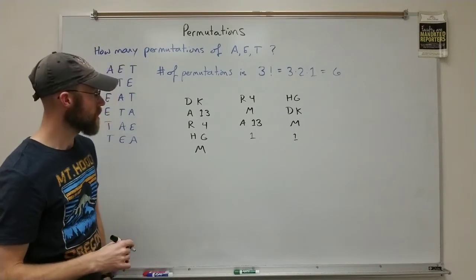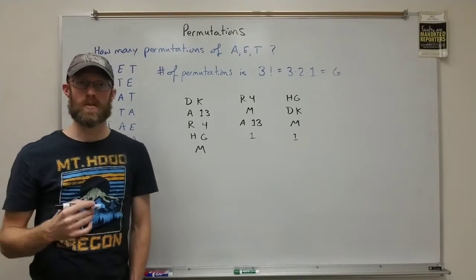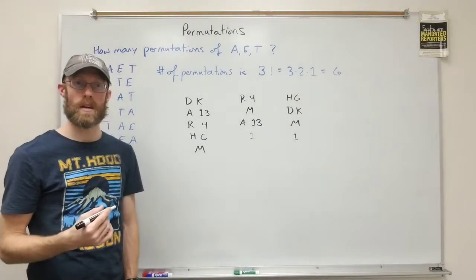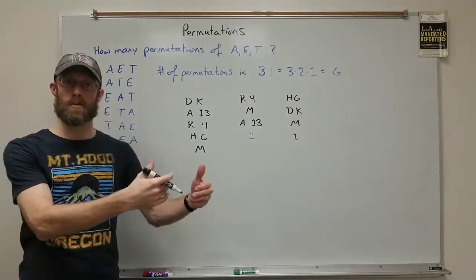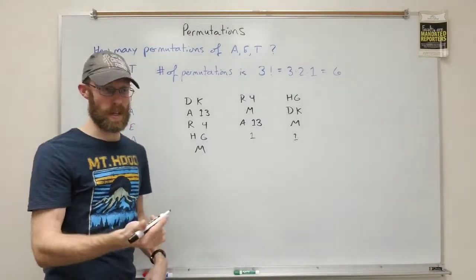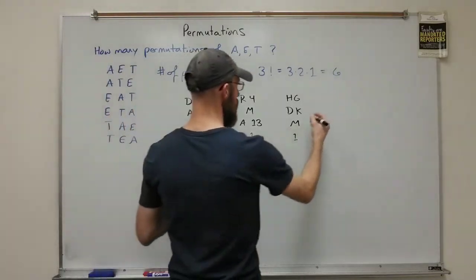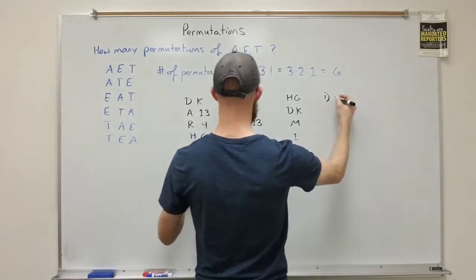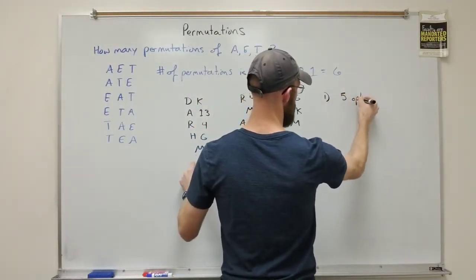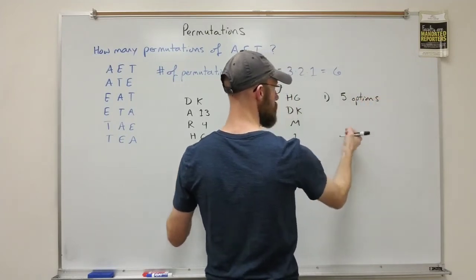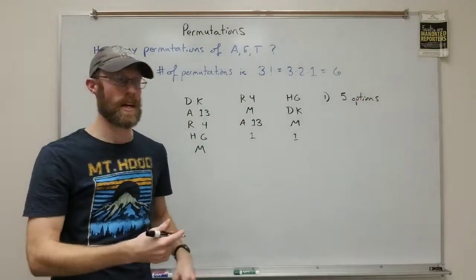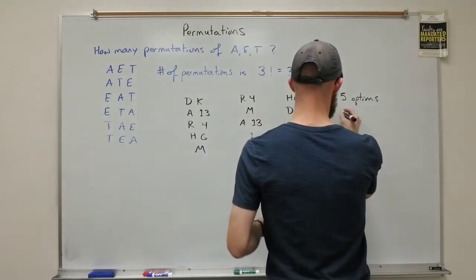What you'll find is that for each of the choices that you make, you're going to be able to multiply using the fundamental counting principle again. So in the first slot, you'll have 5 options. I'm going to go through the same breakdown again, okay? The second slot, you would have 4 options.